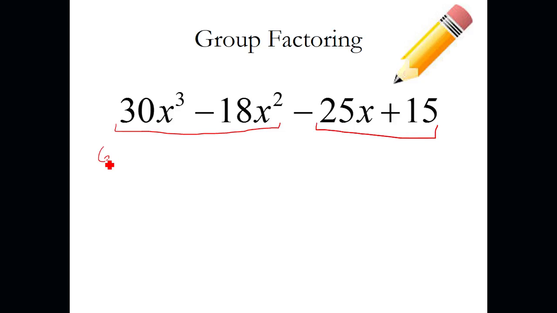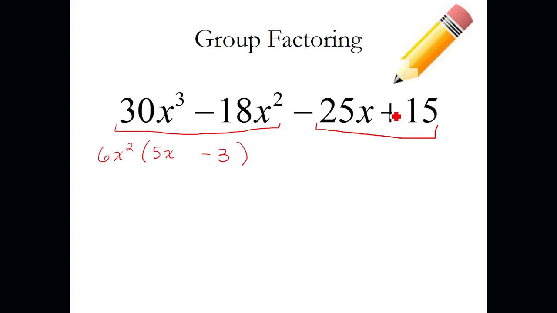I can divide them both by the number 6. And because this has an x to the third while this one has an x squared, I can divide them both by x squared. So this first term, if I divide out 6, becomes 5 and an x, because x to the third divided by x squared leaves me with an x. Negative 18 divided by 6 is negative 3. Nice, and that x squared, it doesn't have any more x's because I've divided them out.